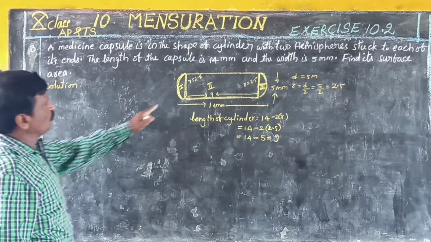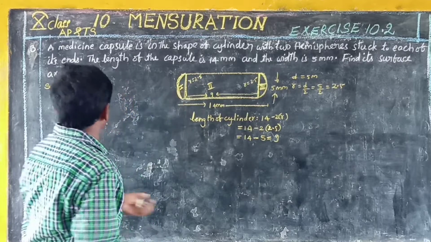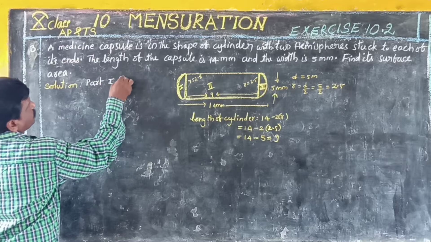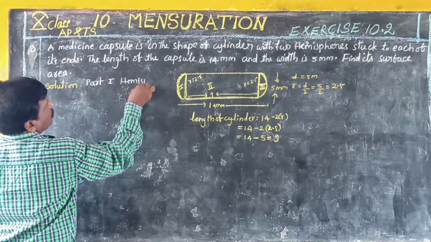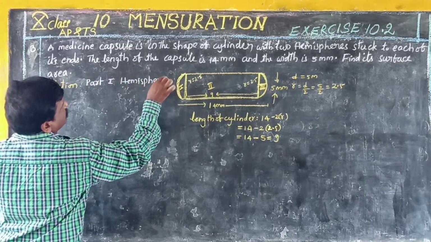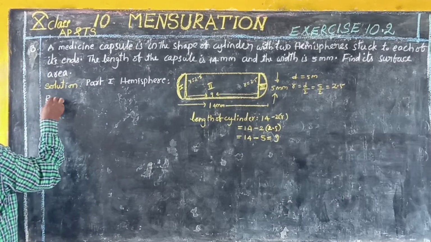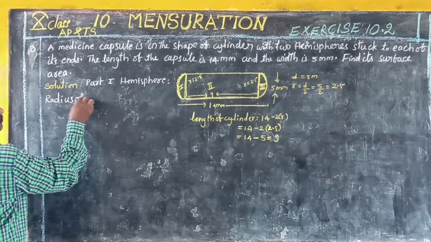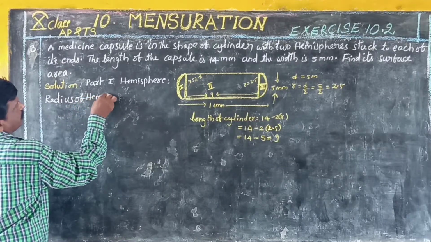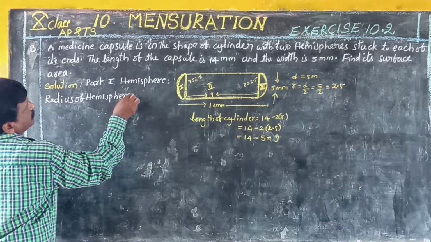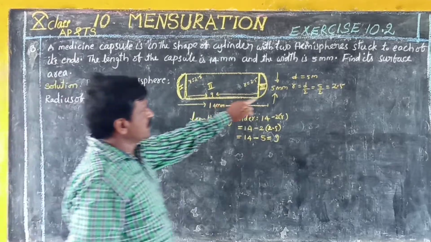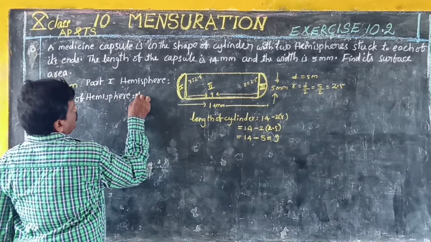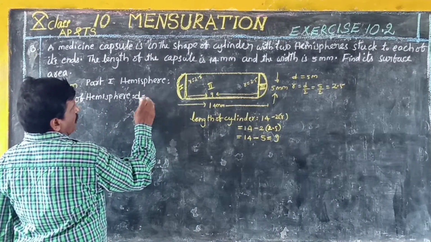So first we will find part 1, the hemisphere. The radius of the hemisphere is equal to 2.5, since D is equal to 5.